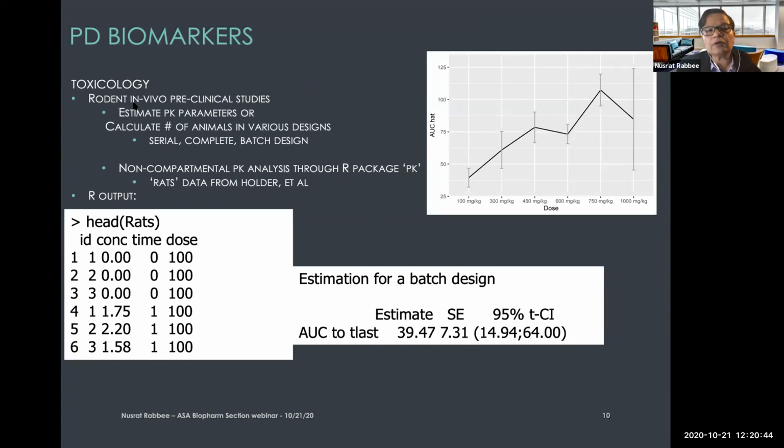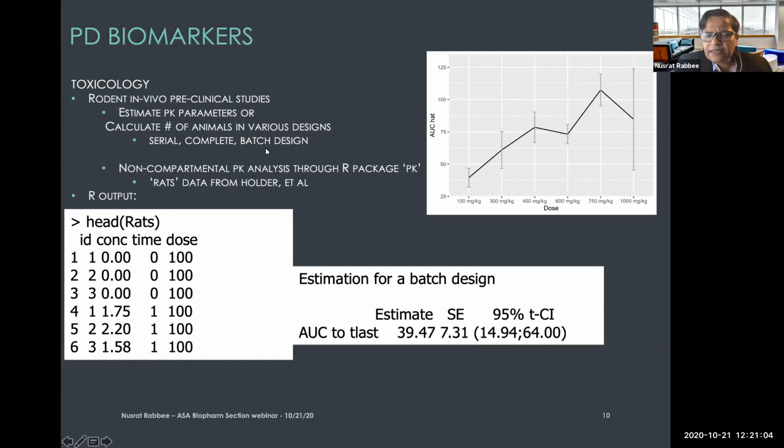Here we are often called to calculate the number of animals in various designs, and I covered that. There's the serial sacrifice design, where only one measurement is available from an animal for one time point.